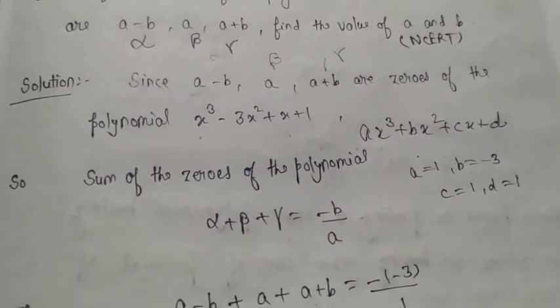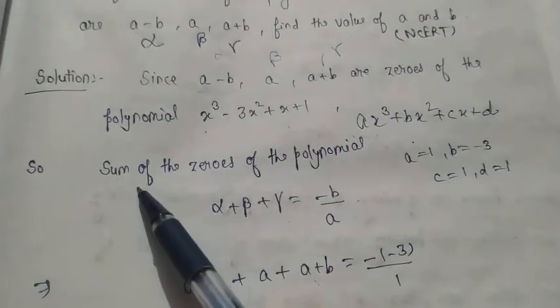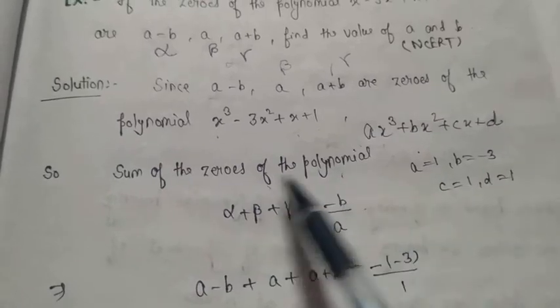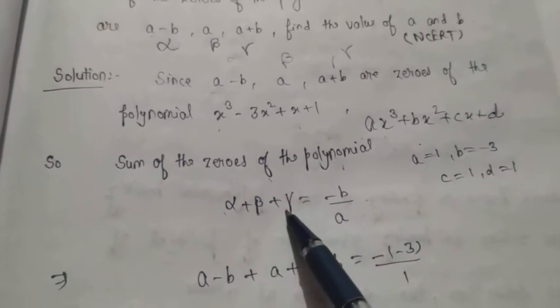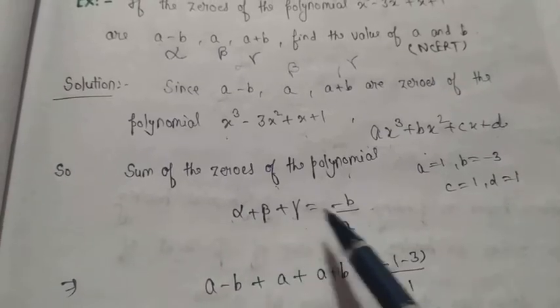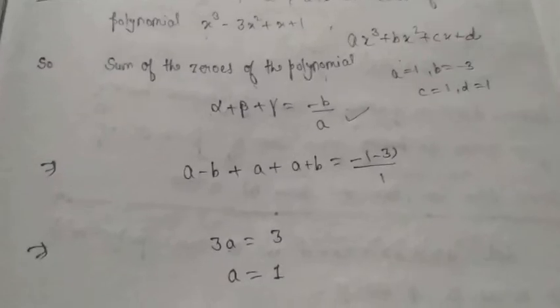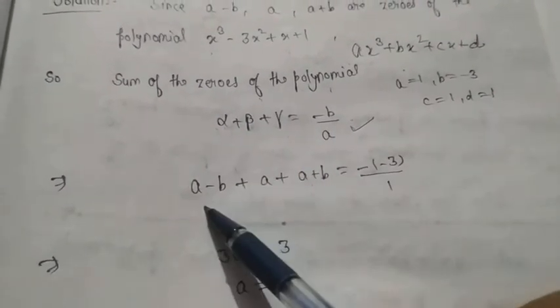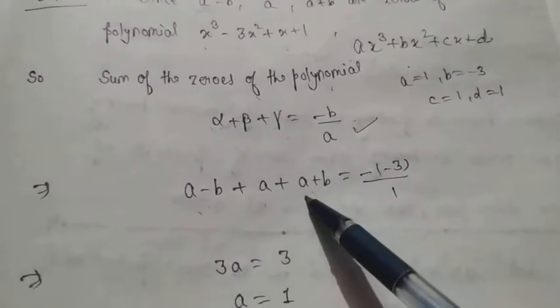Okay, now we have to find a and b. So first I will apply the formula of sum of zeros of the polynomial, and sum of the zeros of the polynomial can be written as alpha plus beta plus gamma. So alpha plus beta plus gamma is equal to minus b by a, it is the formula. So afterwards, alpha value was a minus b, so I have put that value, beta value is a and gamma value is a plus b.